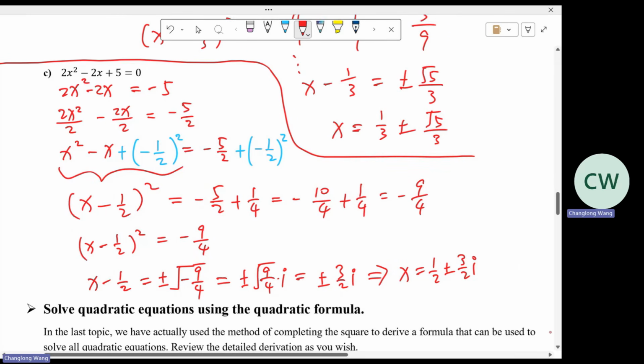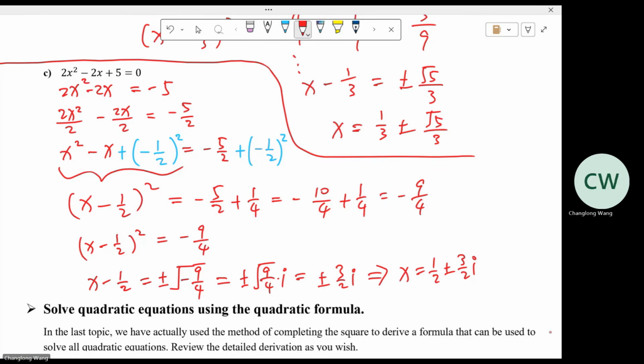All right, any questions so far? Yes. Where did i come from? All right, so this is our conclusion from the complex number analysis.